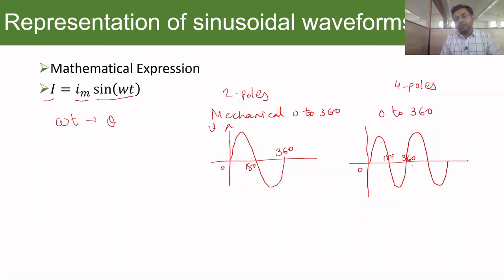Again a new cycle starts, so again 0, 180 and 360. So in one mechanical rotation of the generator, we will have two AC cycles. It means the electrical angle is twice the mechanical angle. So it depends upon the number of poles.